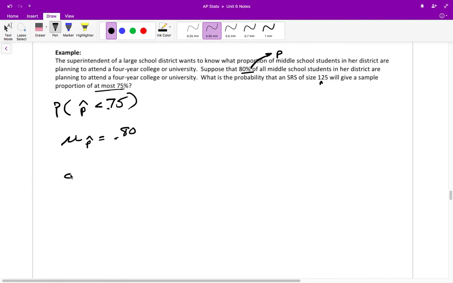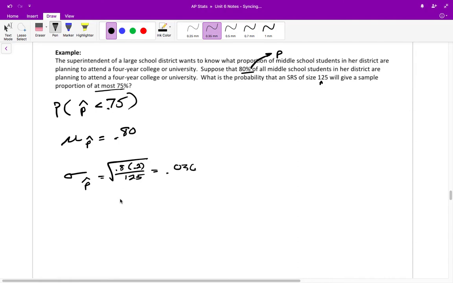Now, let's go ahead and calculate the standard deviation. That would be the square root of p, which is 0.8, multiplied by 1 minus p, which would be 0.2, divided by our sample size, which is 125, which would give us a standard deviation of 0.036.